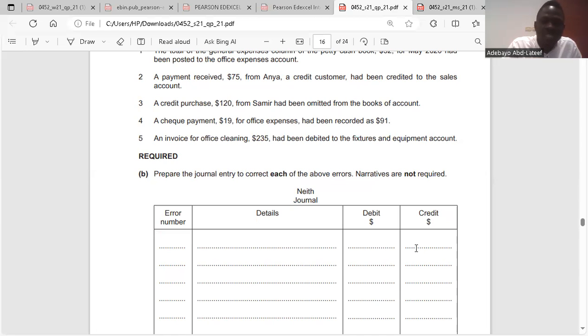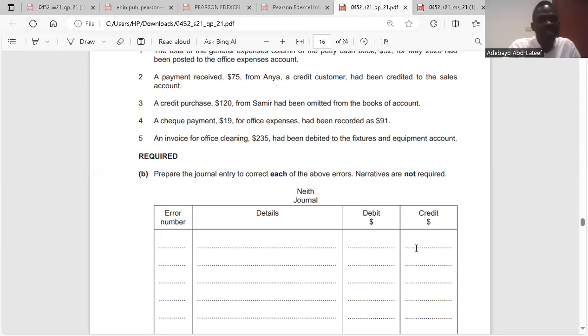Then the fourth one. A check payment of $19 for office expenses has been recorded as $91. Is this an error of original entry?